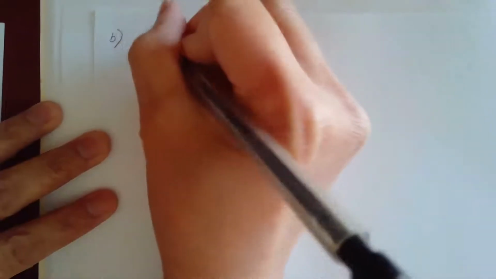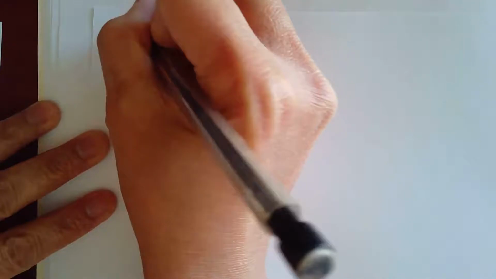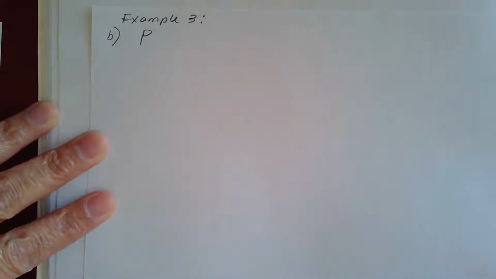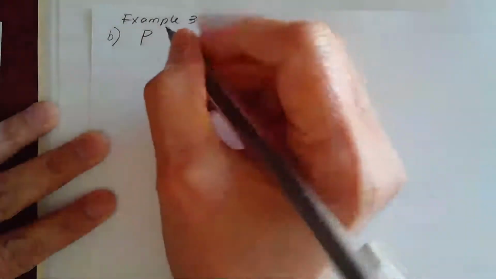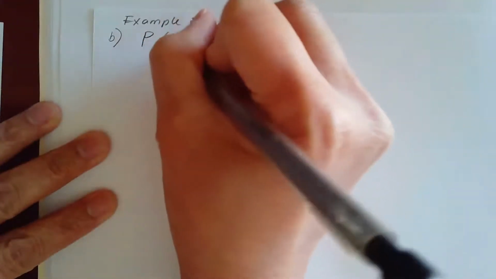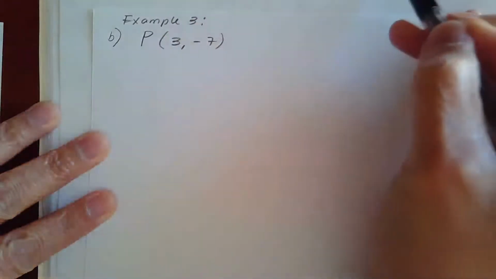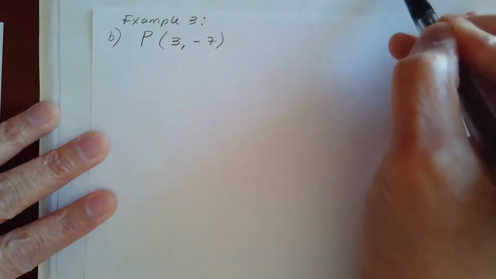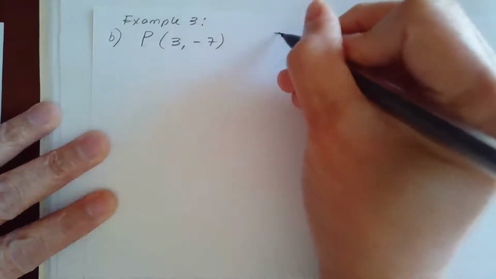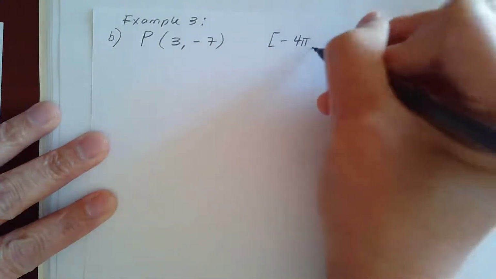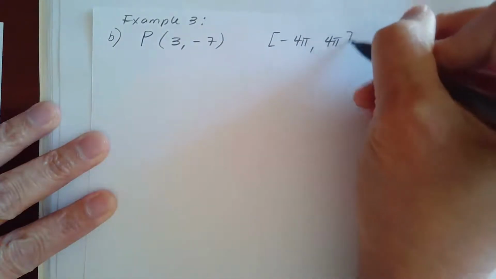Now let's see this letter B. The point, example 3, the point 3, -7. In this particular case, our domain is from -4 pi to 4 pi.